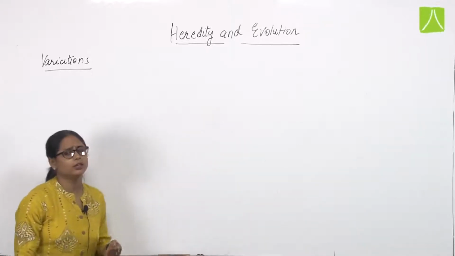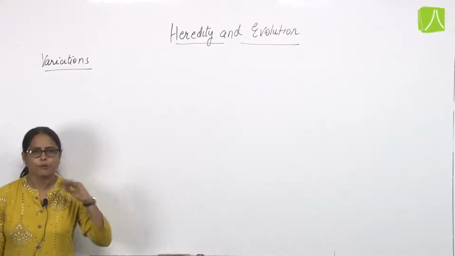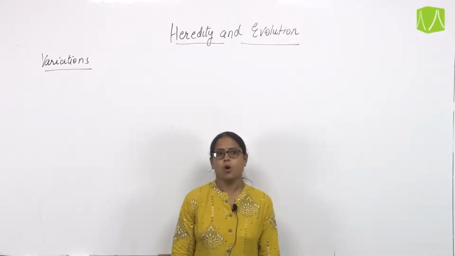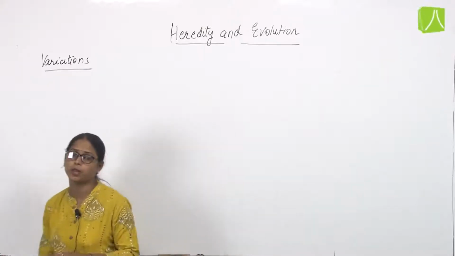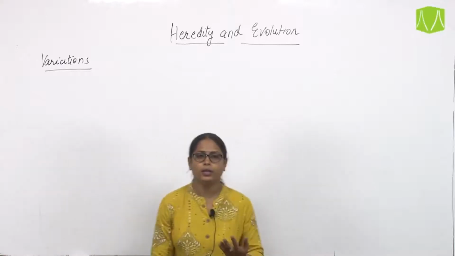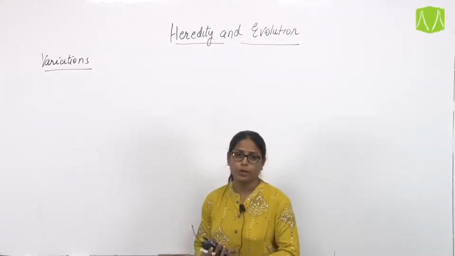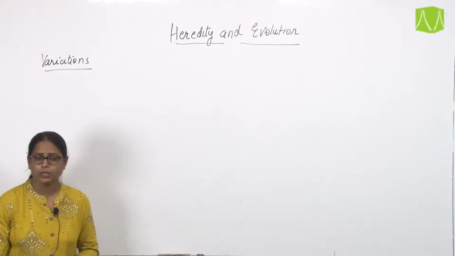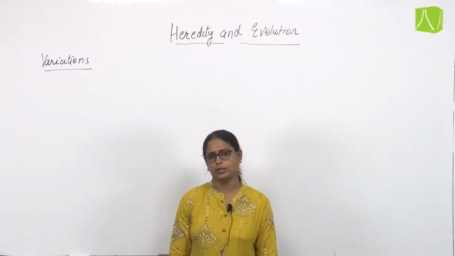Like we human beings are very dissimilar to each other, although we belong to the same species. That means there are a lot of variations in our human population. Some variations are transferable and some are non-transferable from one generation to another.